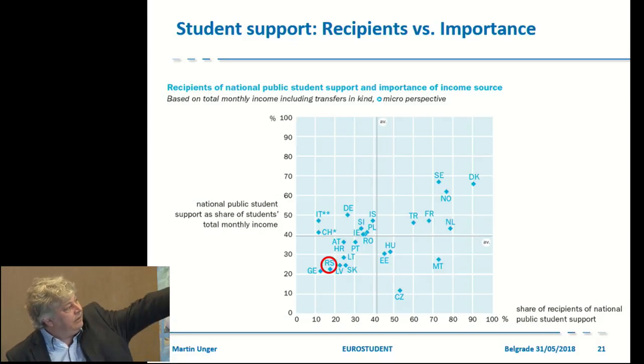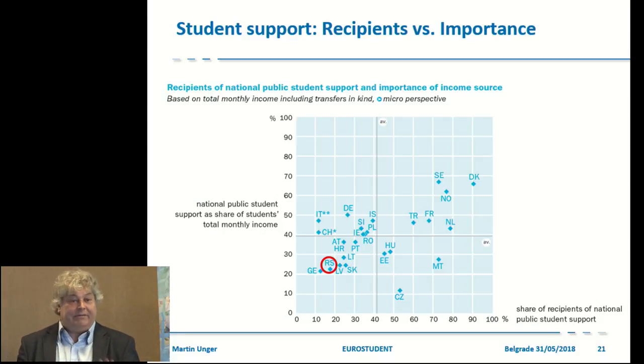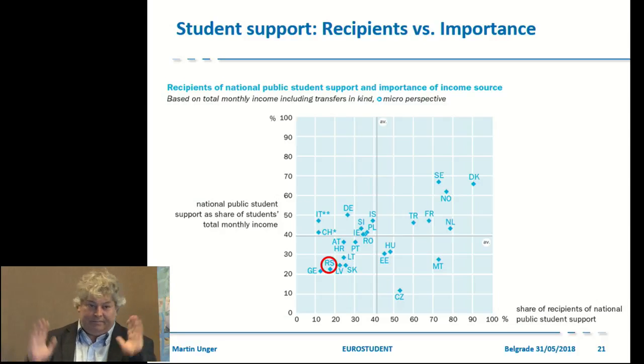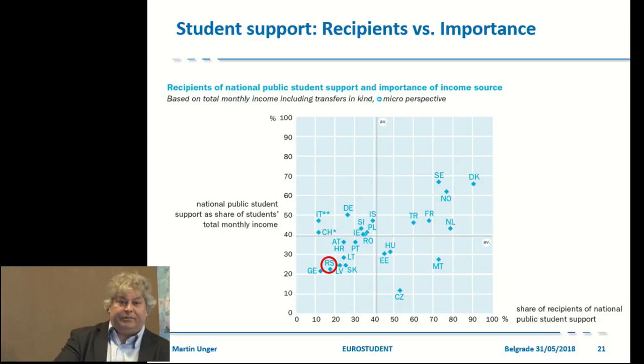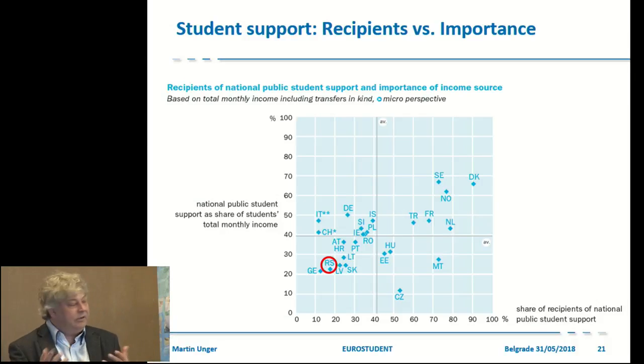And here again you see the Scandinavian countries, they have a completely different system of the welfare state. They have higher taxes which are funding all this. So it's not to say we all have to become like Sweden, just to see that there are differences in understanding. Here we have 70, 80, 90% sometimes receiving, and it contributes 60, 70% to the budget.